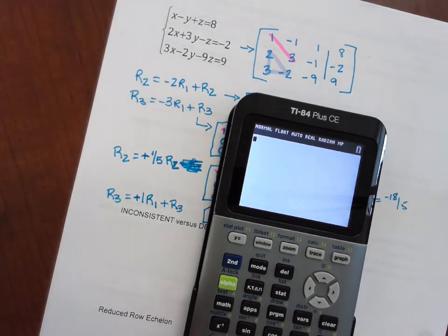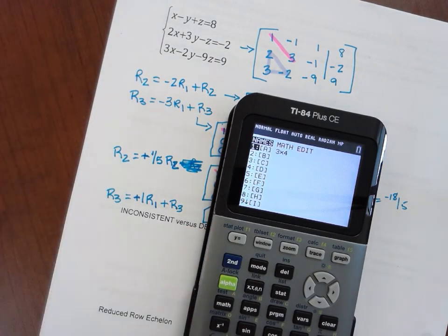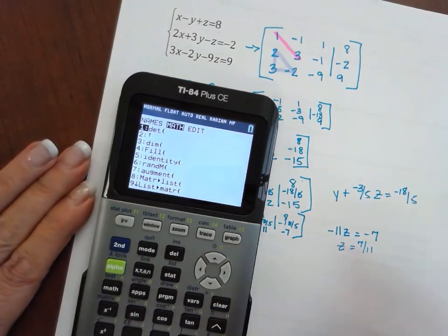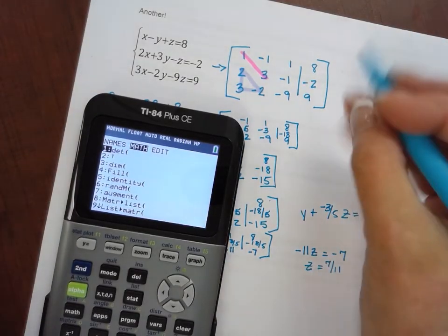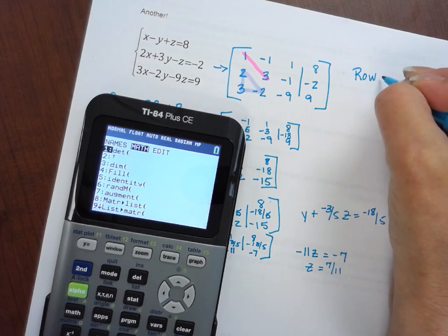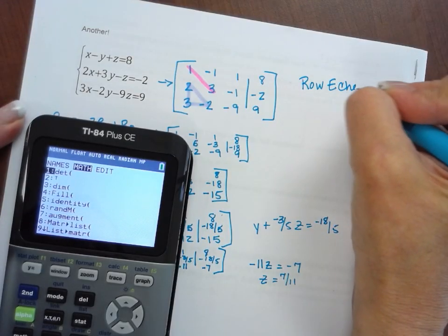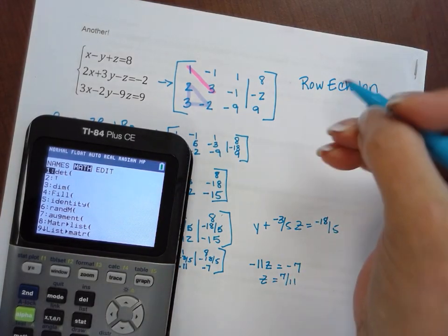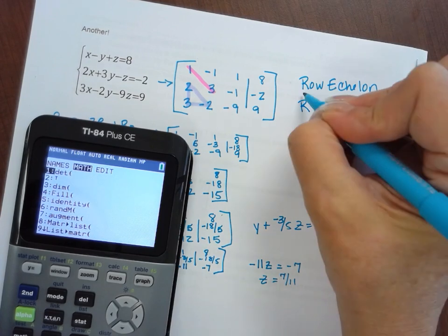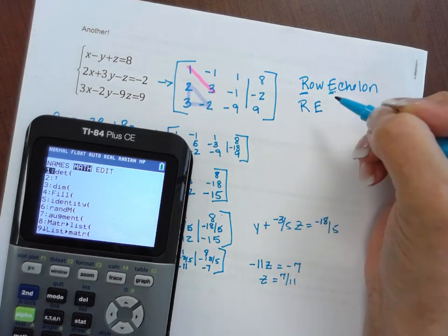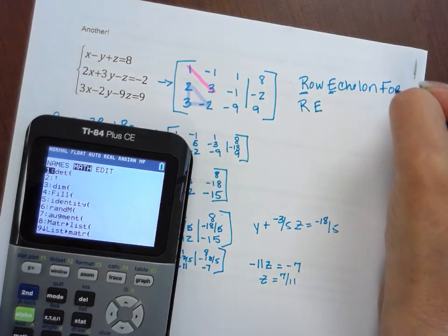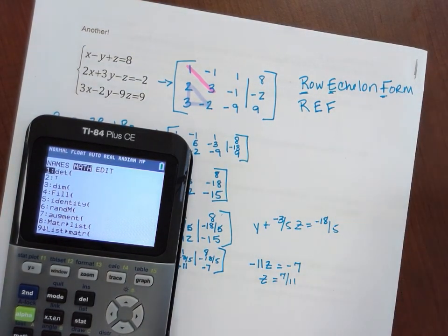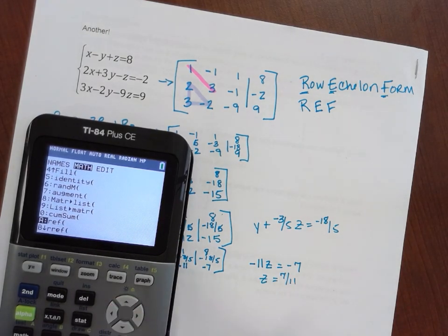So if you look at your matrix screen and you go over to math, and remember, this method is called row echelon, okay, which is R E F. So I wonder if the calculator had, oh, look at that.